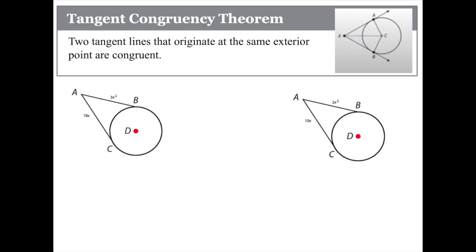Another thing that we need to know is about the tangent congruency theorem. And what this says is that if we have two tangent lines to a circle that originate at the same point, those lines will always be congruent. Now, if we define a secant such that a secant always has to do with a tangent, right?